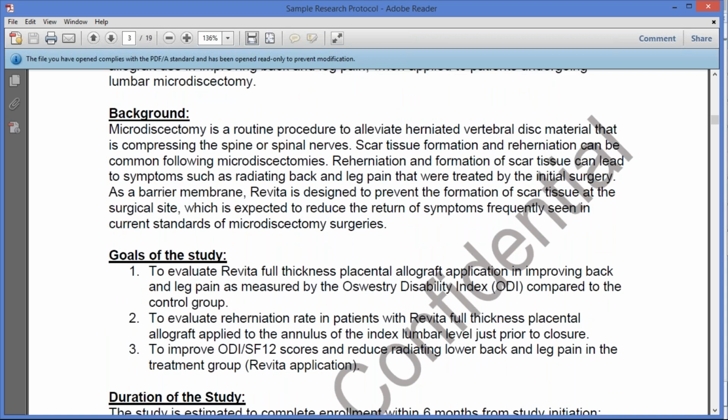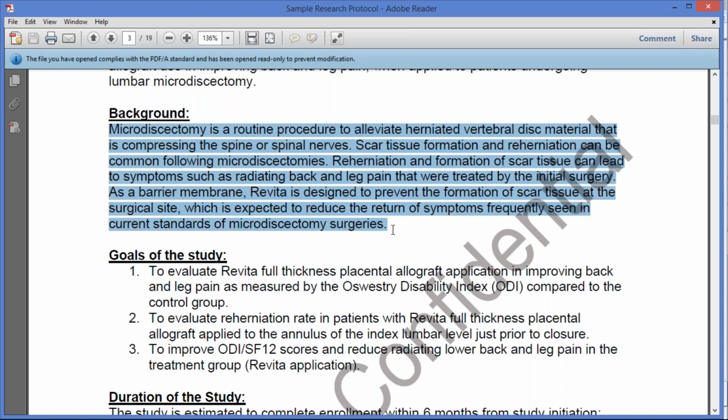Background. Microdiscectomy is a routine process to elevate herniated vertebral disc material, which is compressing. If you understand these statements, you'll be able to understand the background. Why this process? Why this clinical study? You will understand if you go through this.